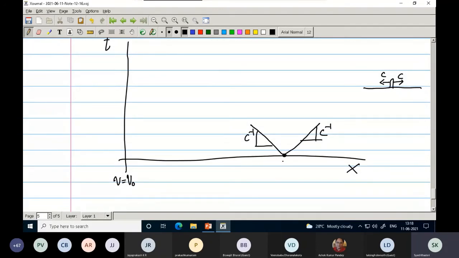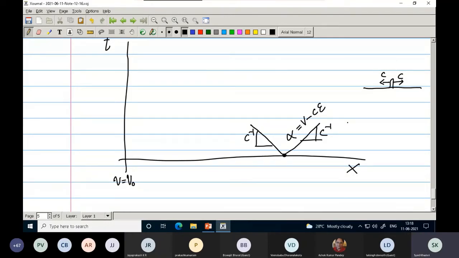The quantity which is constant along line 1 we will call alpha, and that is equal to V minus C epsilon. V is the velocity, C is the wave speed, and epsilon is the strain.